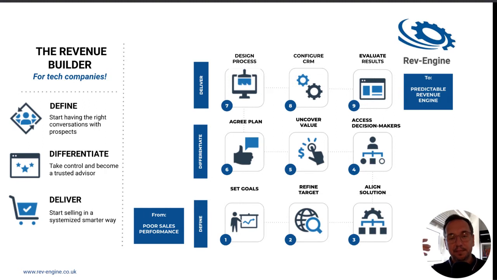The main reason why there isn't an improvement in sales performance is because there isn't a process. There isn't a process where you know exactly what you need to do at each step of the sales cycle and how to do those things, and you don't have a crystal clear vision as a salesperson on, first, where those opportunities are and whether they should be in your pipeline in the first place, and second, what you can do on a weekly basis to progress those opportunities.